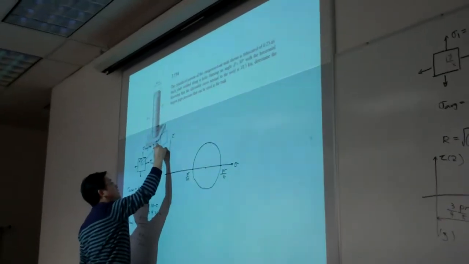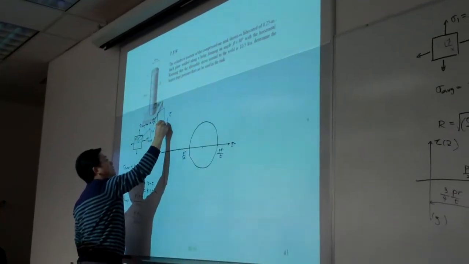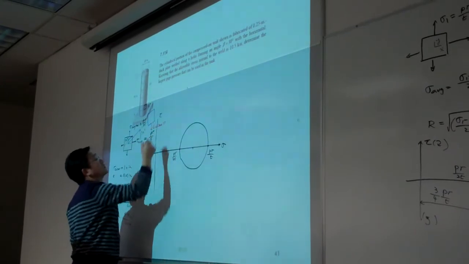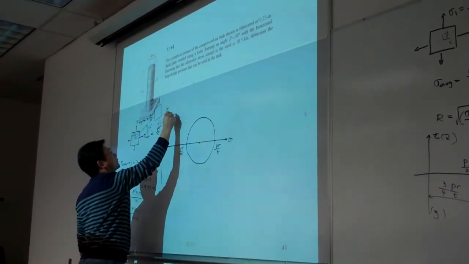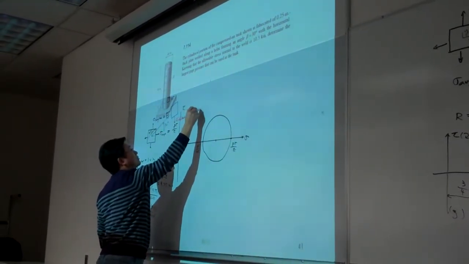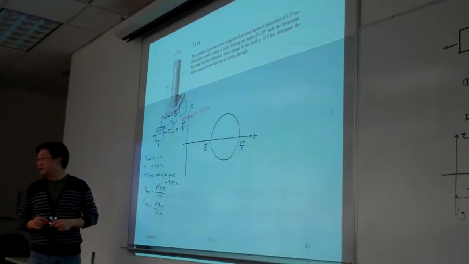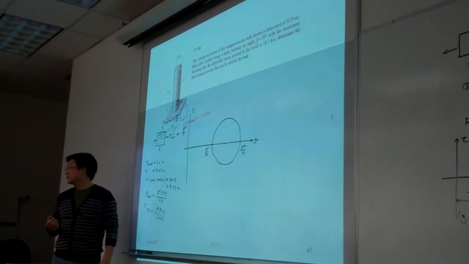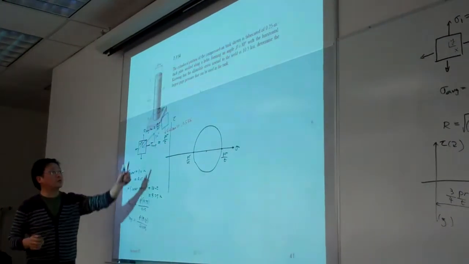So here, this is our key. It will give us this allowable equal to 10.5 KSI. So that is the interpretation of the problem statement. You have to know which orientation you're looking for. So right now we're looking for this one.